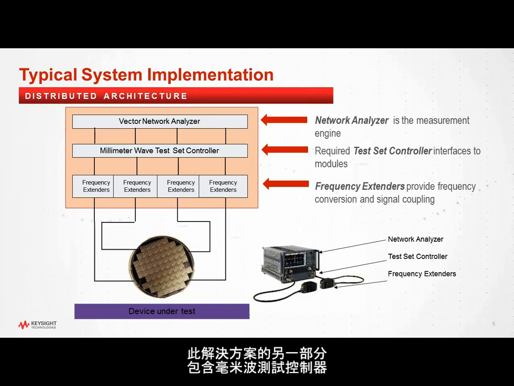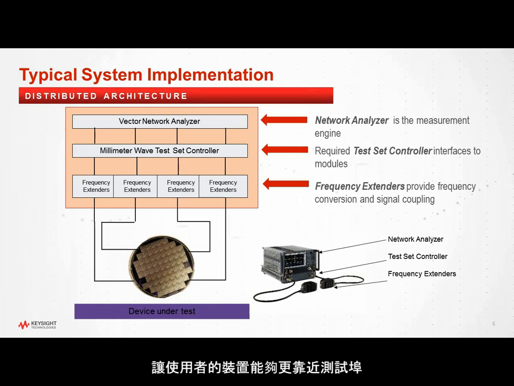The other part of this solution includes a millimeter wave test controller, which allows you to integrate the vector network analyzer to the frequency extenders themselves. Each of these frequency extenders, and we'll look at them in a little bit more detail later, allow the users to get the device close to the test port, at the same time giving you broadband capability and providing you the ability to get good signal conditioning and power to the measurement plane.